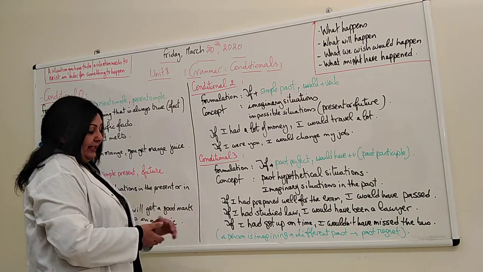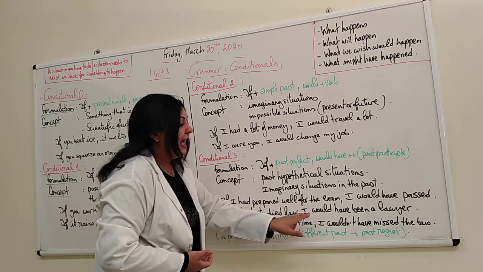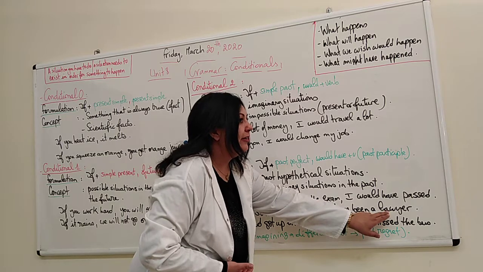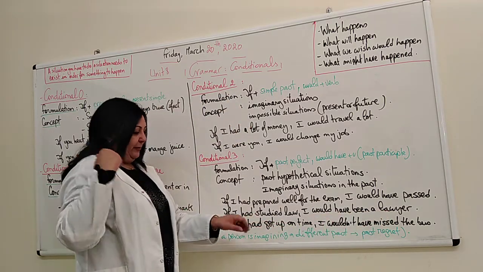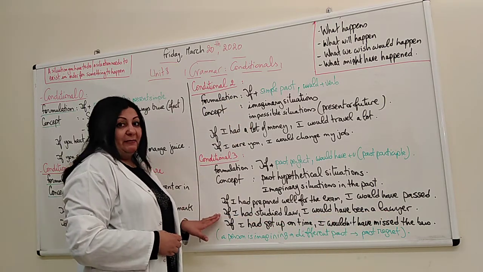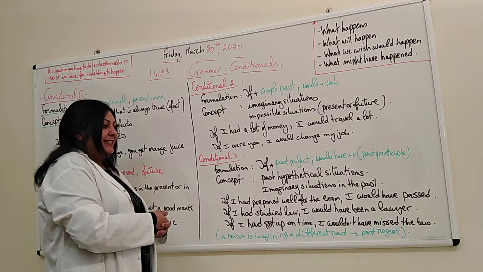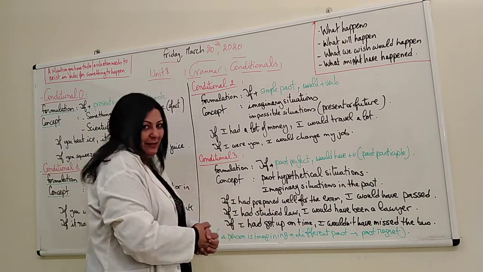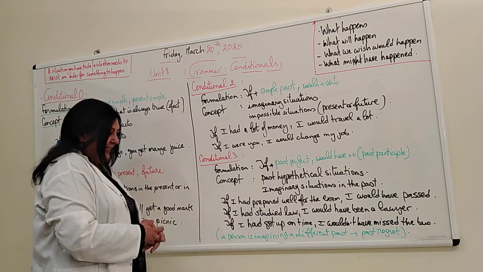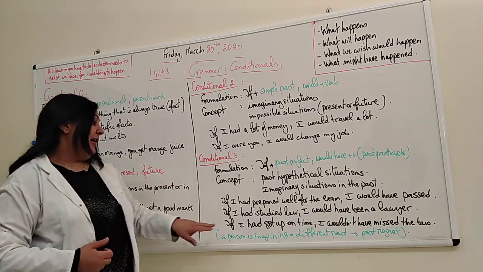Number 2. If I had studied law, I would have been a lawyer. So here, I'm talking about the past. Of course, I'm a teacher. I didn't study law. So if I had studied law, I would have been a lawyer and not a teacher. Number 3.